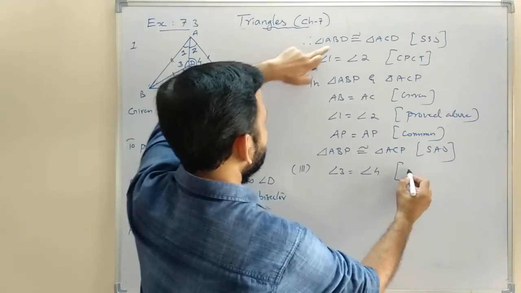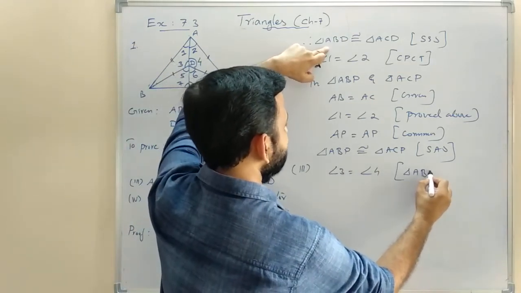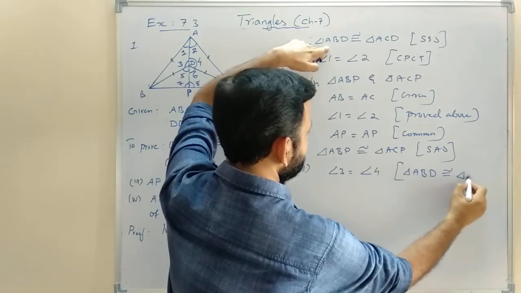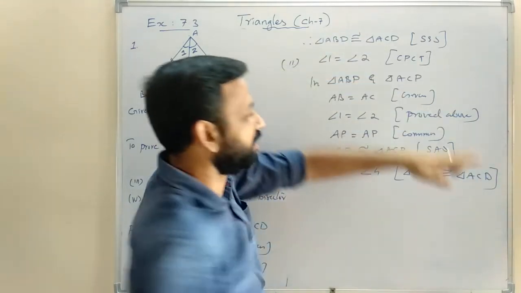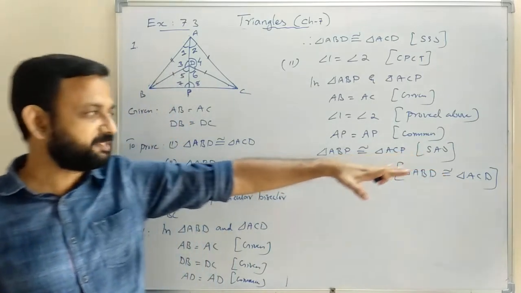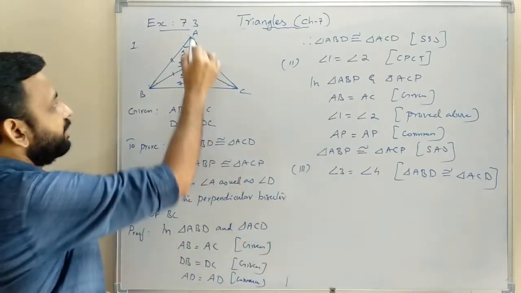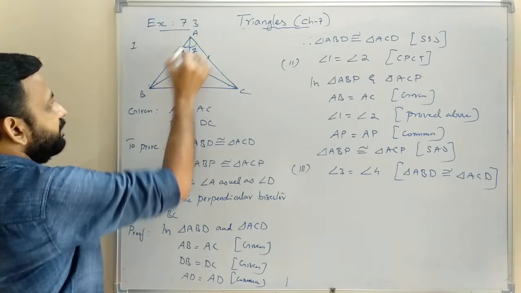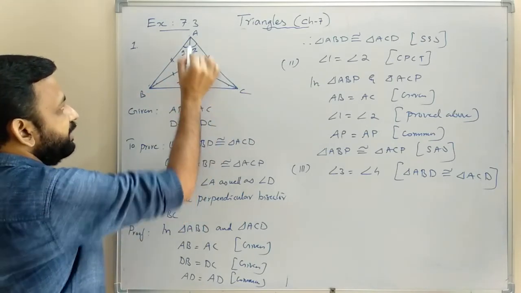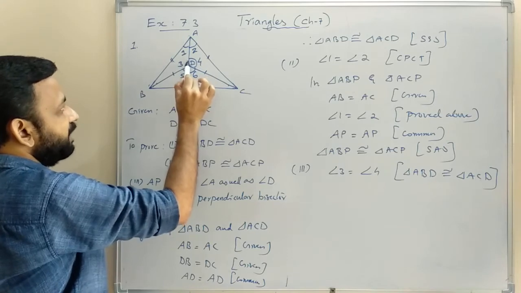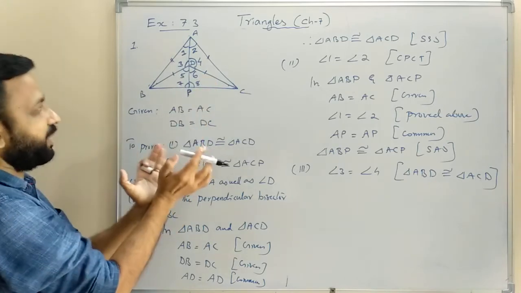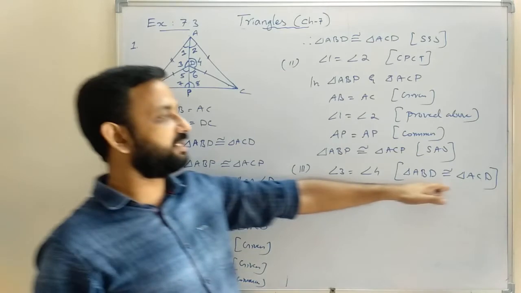Reason: triangle ABD congruent to triangle ACD. If two triangles are congruent, then the corresponding parts of the two triangles are equal. So angle 3 and angle 4 are corresponding angles, so they are equal.